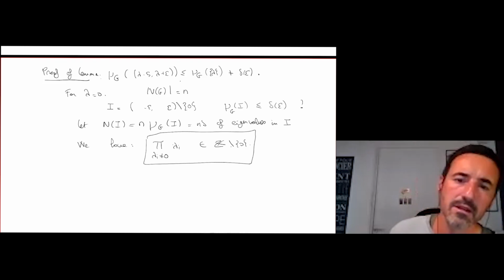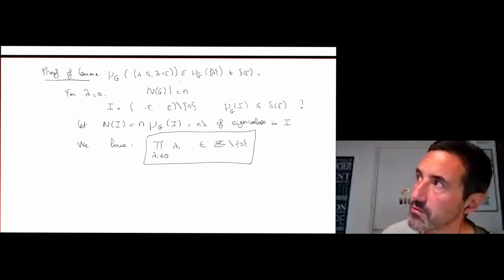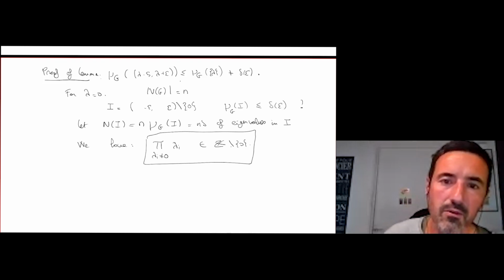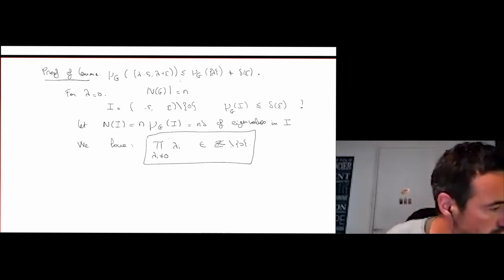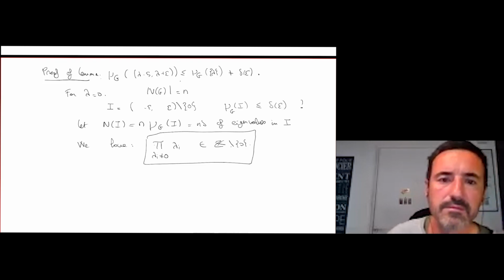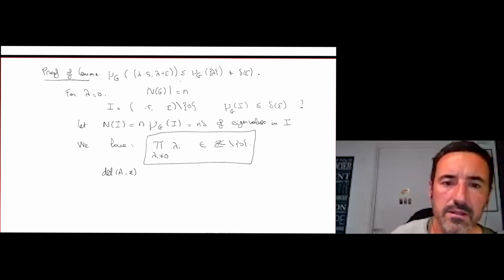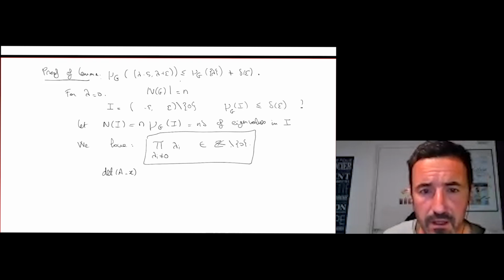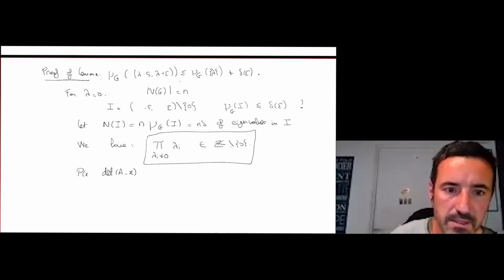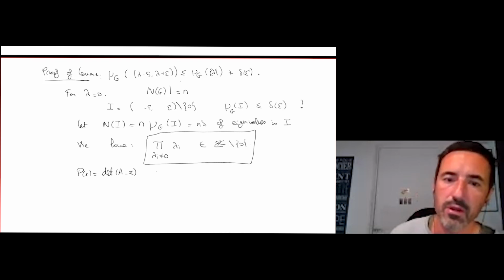Why is that? There are various ways to see that. One of them is saying that this product of lambda_i's will be the derivative of the characteristic polynomial. If you look at the determinant, let's call that P of X. So P of 0 is a determinant, so it's a product of the eigenvalues.